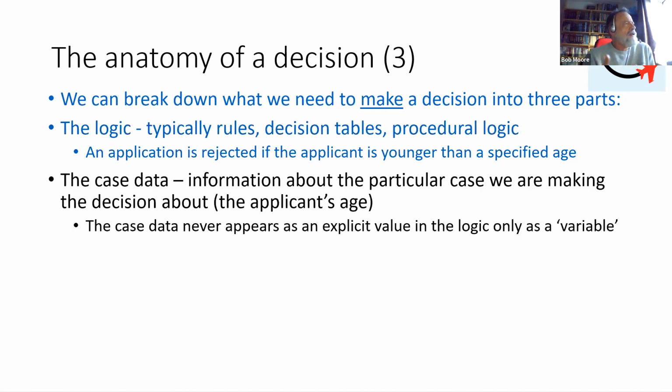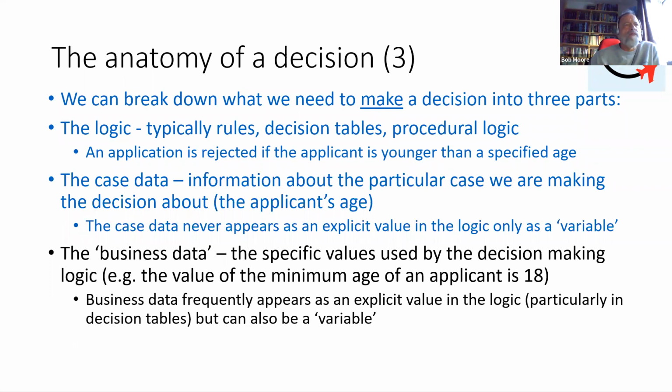Then there's the case data, which is the information about the particular case that we're making the decision about, the applicant's age, for example. One of the characteristics of case data is that it's never going to appear as an explicit value in our logic. It's only ever going to appear as a variable, because it's going to change every time we want to make a decision. Each case is going to be different.